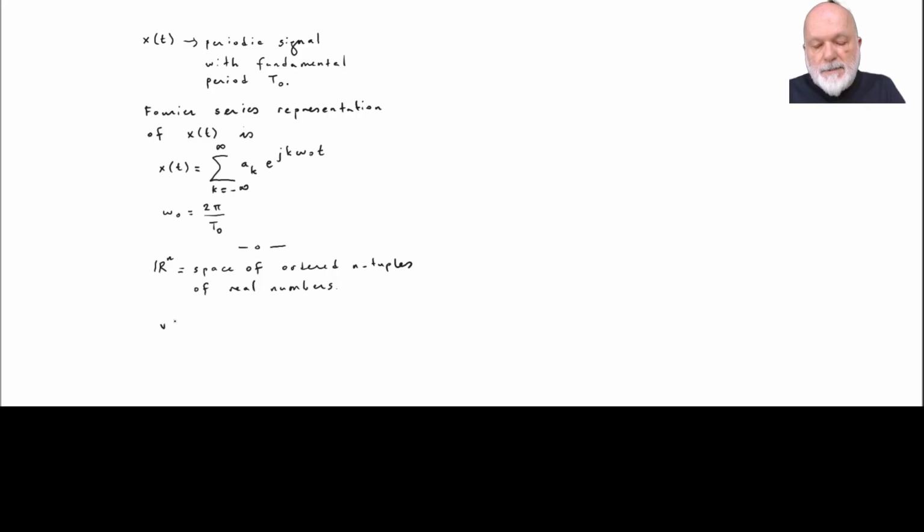So if V is in Rn, V can be written in the following form. It's a vector with n entries, alpha 1, alpha 2, up to alpha n, and the alpha i's are members of the real number set, for i running from 1 to n.